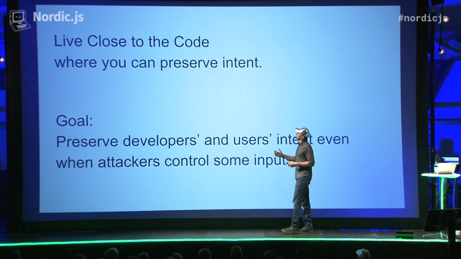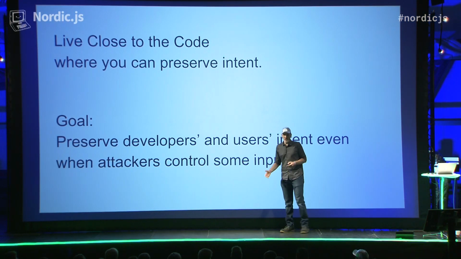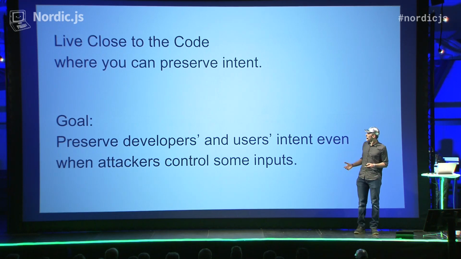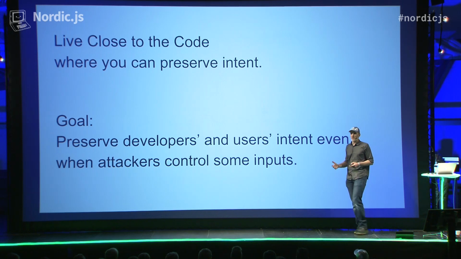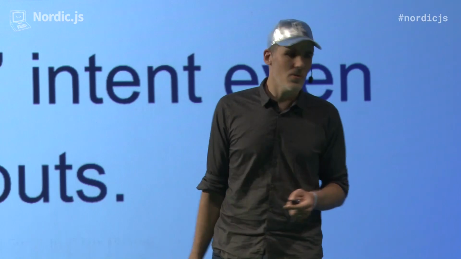So my first takeaway is if you're doing security, you need to live close to the code, where you can preserve intent. And for the purpose of this talk, I'm defining security in terms of preserving the developer's and users' intent, even when attackers control some of the inputs.